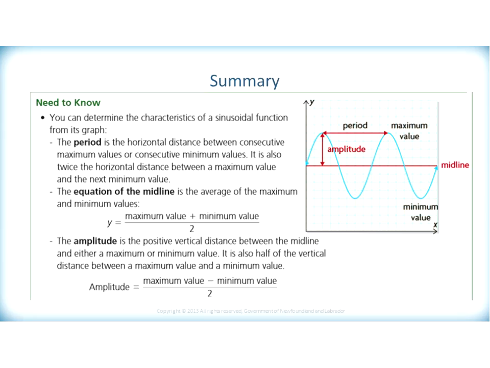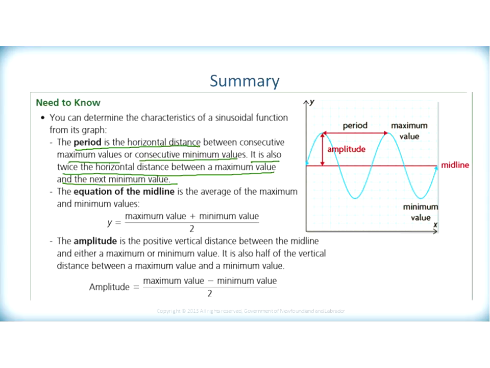So in summary, you can determine the characteristics of a sinusoidal function from its graph. The period is the horizontal distance between consecutive maximum values or consecutive minimum values. It is also twice the horizontal distance between a maximum value and the next minimum value.